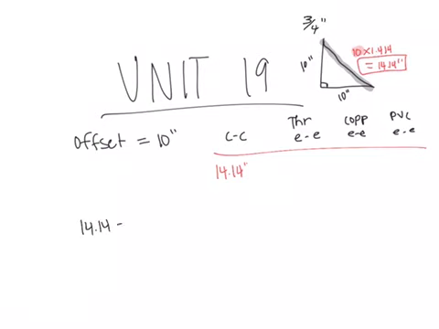A 45-degree fitting on 3/4 inch pipe has a 1 inch takeoff per fitting. So 1 inch on one, 1 inch on the other. Plus I have to add back my threads, which is a 1/2 inch. That's going to leave me with 13.14 inches threaded end to end. And then I would solve for copper, and then I would solve for PVC.